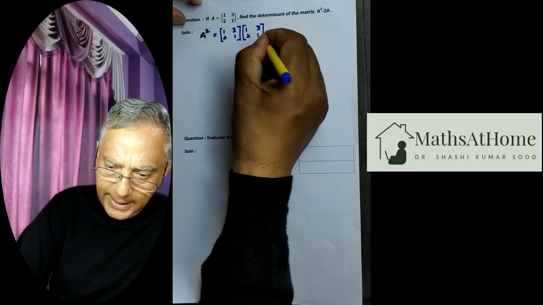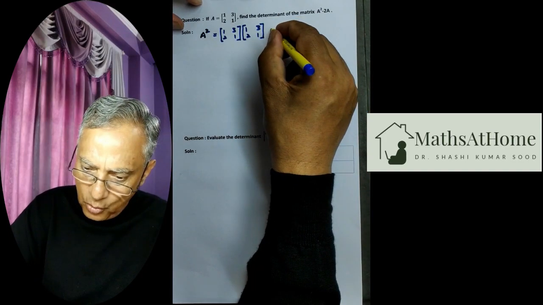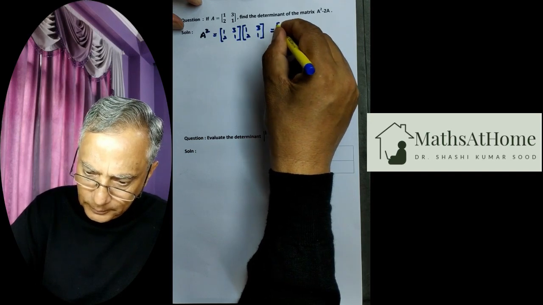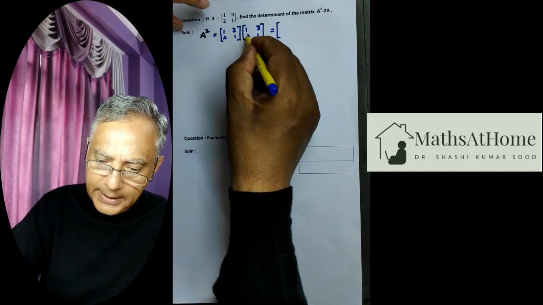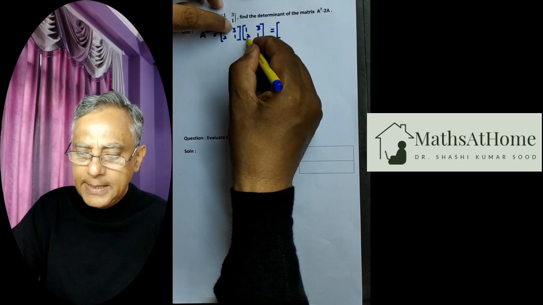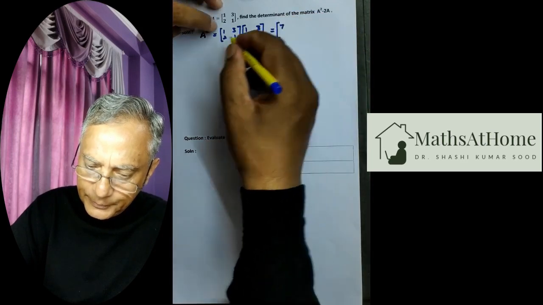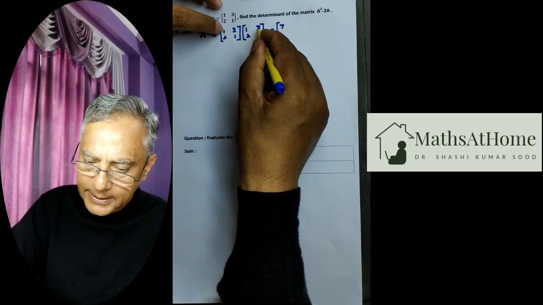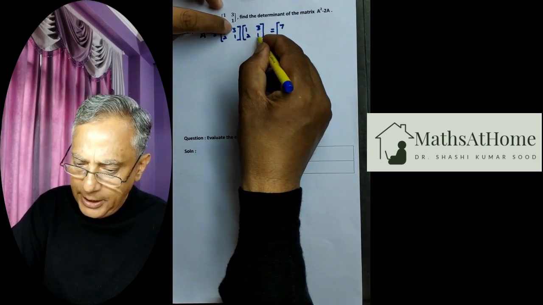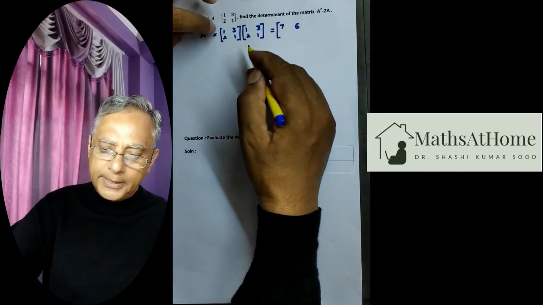A square is A into A. So this is equal to this into this. That is 1 into 1 is 1, 3 into 2 is 6. So 1 plus 6 is 7. So this into this. 1 into 3 is 3, 3 into 1 is 3. So 3 plus 3 is 6.